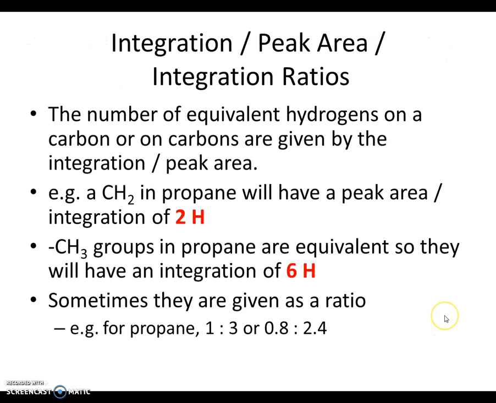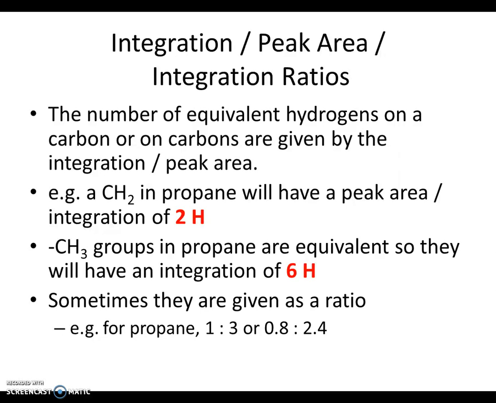Okay, now turning our attention to the proton NMR. Proton NMR is a fabulous tool because it contains so much information. So I'm just going to spend the next few slides trying to break down those different pieces of information. The first one, and I think this is really important in getting to grips with interpretation, is what we call either the peak area, the integration, or the integration ratios.